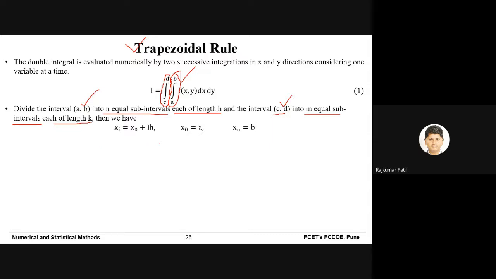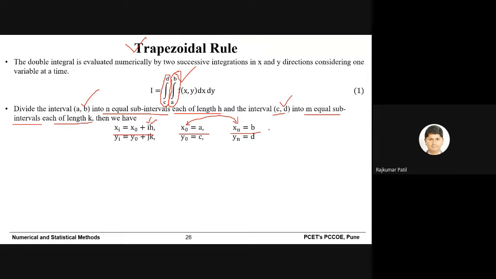So when we decide to divide the interval a b into n parts, the first value will be x naught, which is equal to a, and the last value will be x n, which is equal to b. And between x naught and x n we need to find the intermediate values. For that we use this formula, x i is equal to x naught plus i h, where h is the interval length, or we can say width, and i is the corresponding intermediate value.